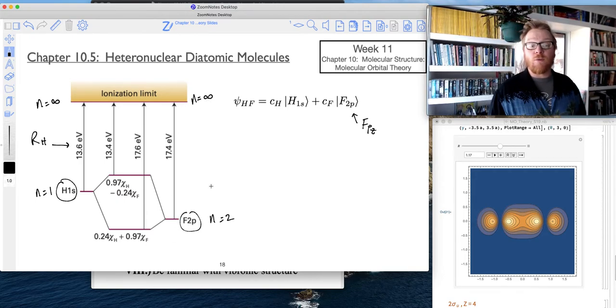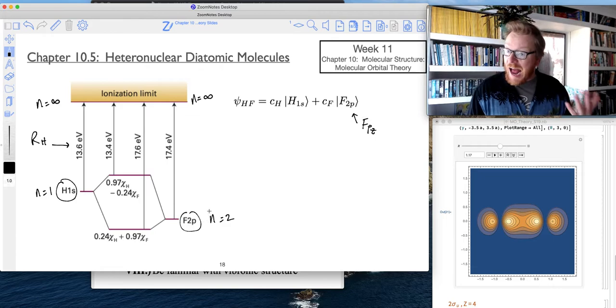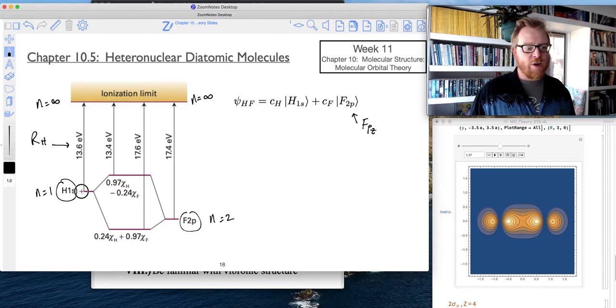Fluorine requires a much larger ionization energy because it's more electronegative, as we remember from our Gen Chem days. So this creates these first levels, which allows us to start to think about how to put together this solution.